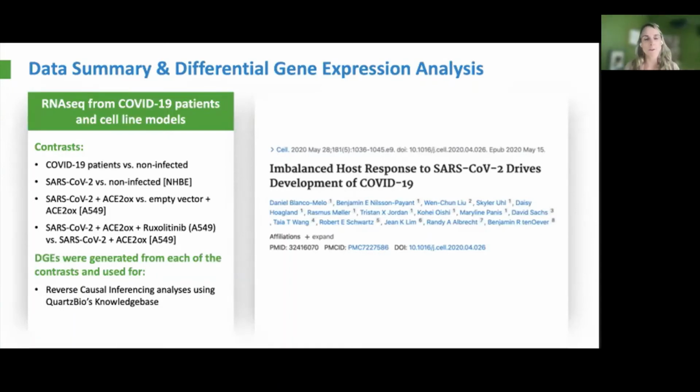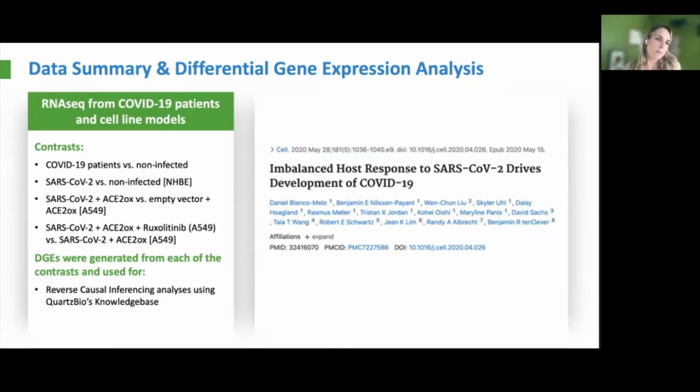But they had two different cell line models that they were using. First was NHBEs, and they would infect with SARS-CoV-2 and compare to non-infected. And then they also had an A549 model. The A549 model actually doesn't express ACE2, which is the receptor for SARS-CoV-2.